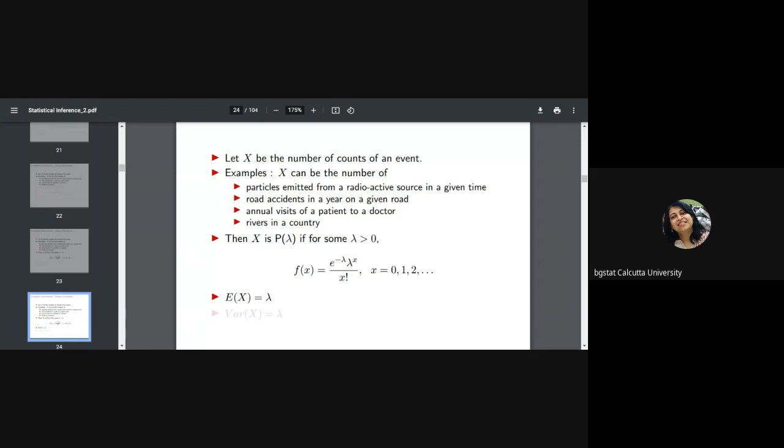Now let us consider a slightly different kind of random variable. Say we are looking at a particular traffic intersection in a city, and we are observing how many accidents occur at that intersection in a month.